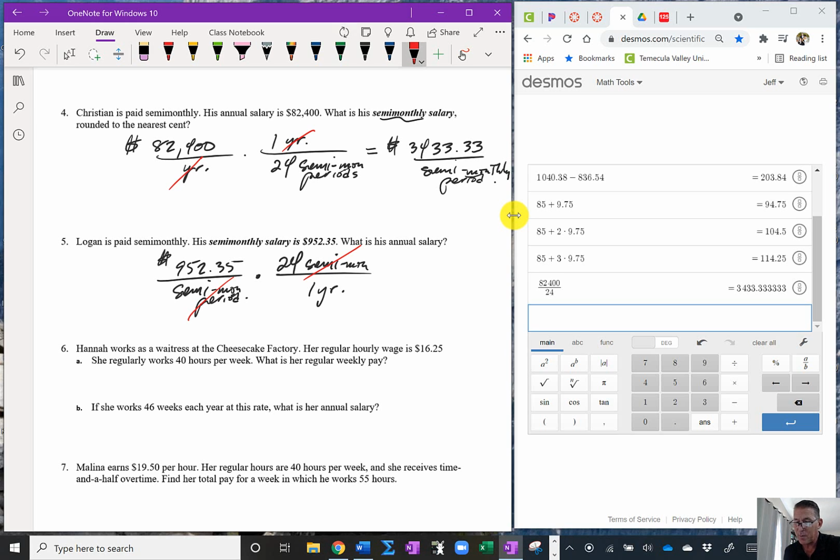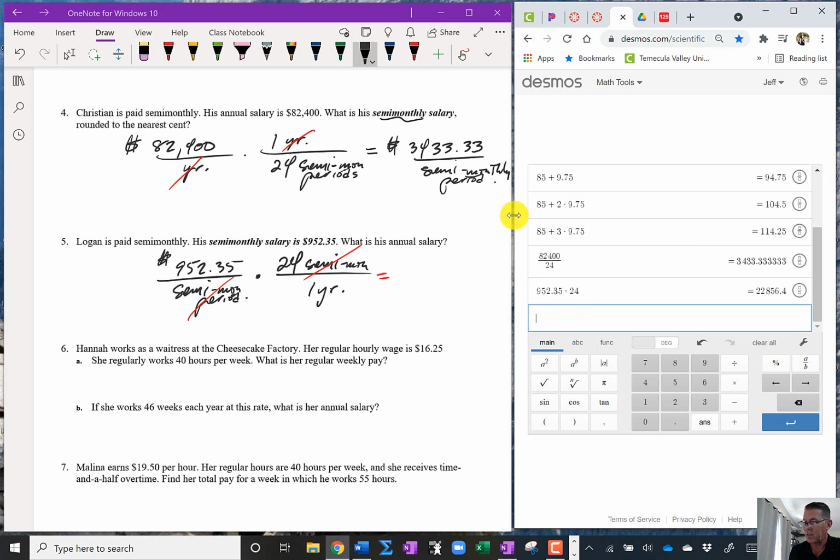And number 5, the semi-monthly periods cancel out and you get dollars per year. Okay, so whatever we get, we should get dollars per year. And so when you take $952.35 and you multiply it by the 24, okay, you get $22,856.40, and this is per year.